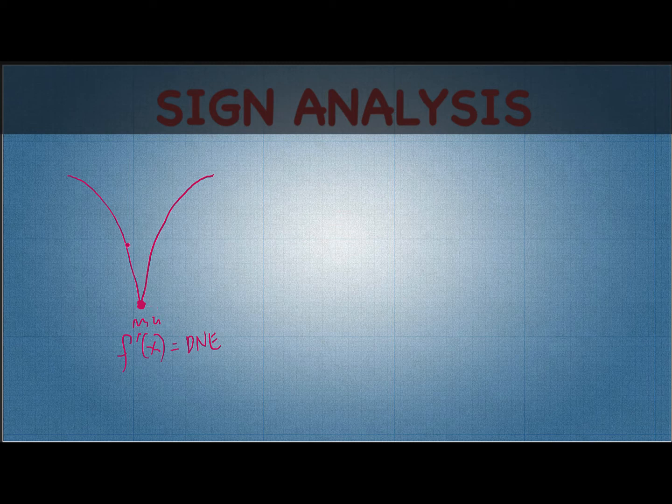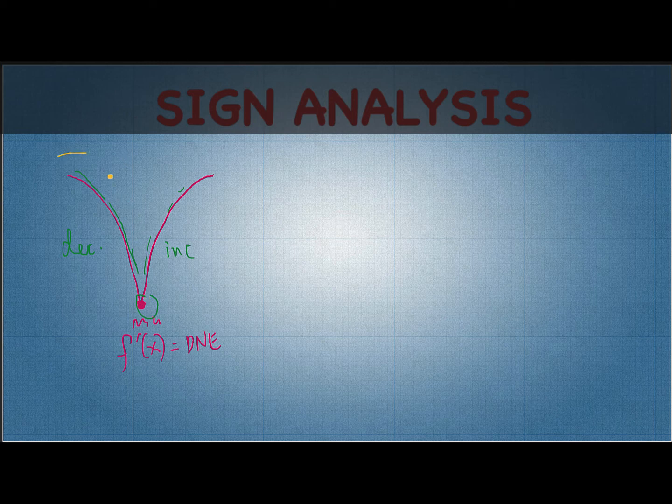But when we analyze the slopes of the tangent line to the left of our minimum point, that is the critical point, this one is decreasing, right? Decreasing. And after this point, the slopes are increasing. So what will be our sign analysis? Decreasing, negative.